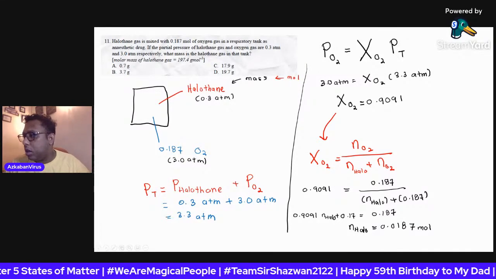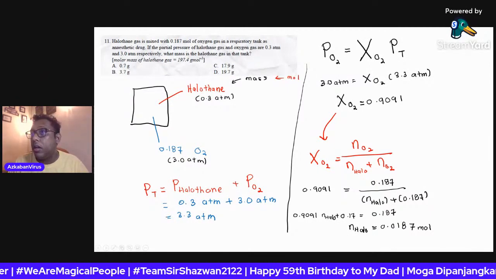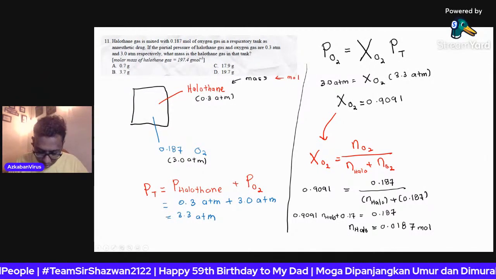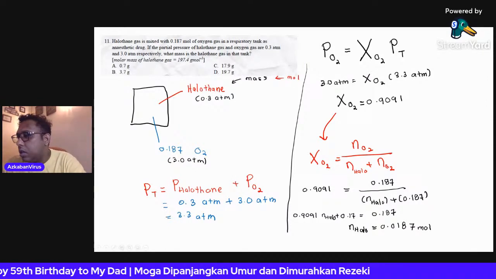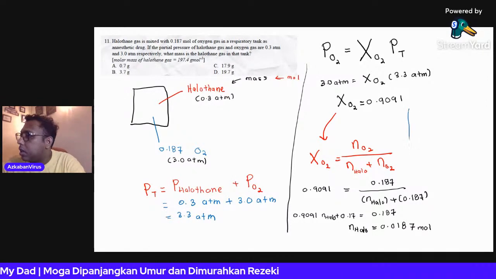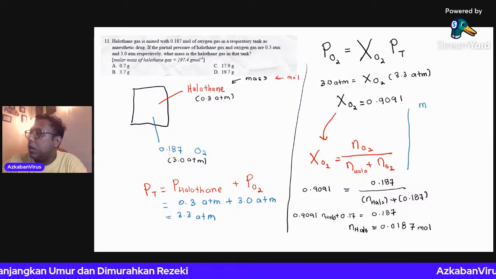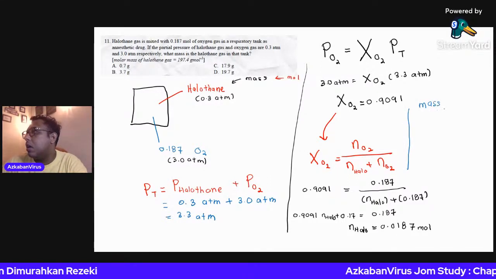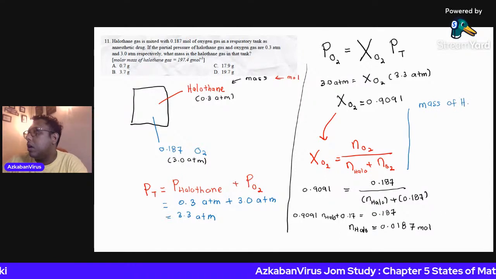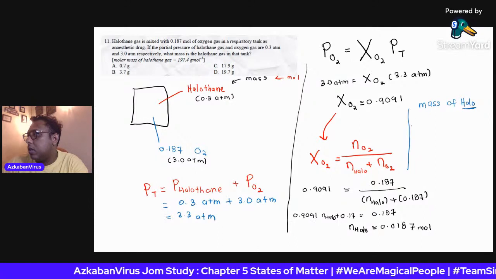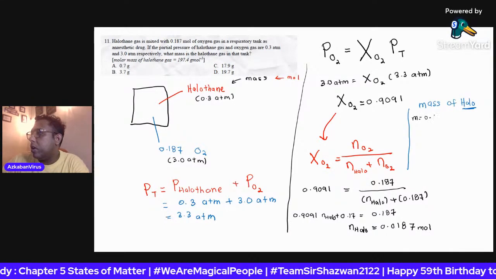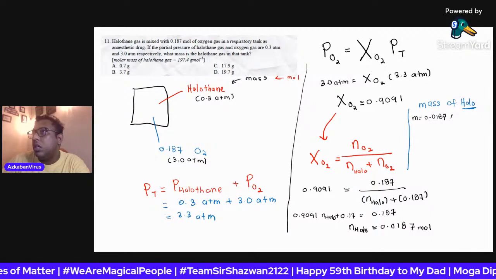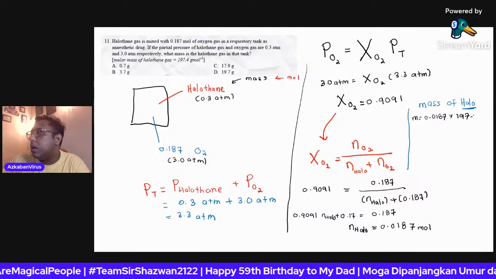Okay, once kita dapat mol, kita darab dia dengan molar mass. Sebab soalan minta cari mass kan? (0.0187) darab dengan 197.4.